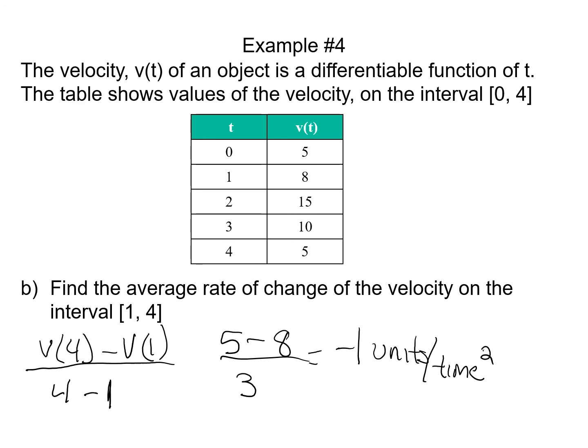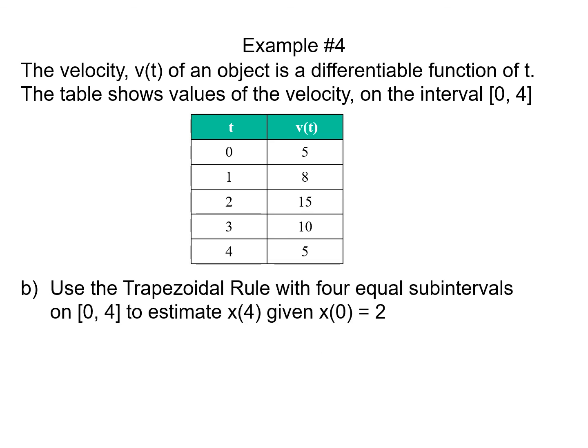And finally, now let's do some Riemann sum problems. Now they want us to use the trapezoid with 4 equal subintervals from 0 to 4, and they want us to estimate x of 4. So we have to remember that PVA, if we have position, we take the derivative, we get the velocity, we take the derivative, we get the acceleration.